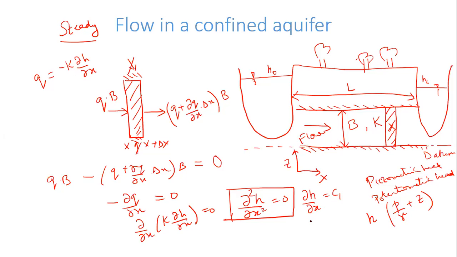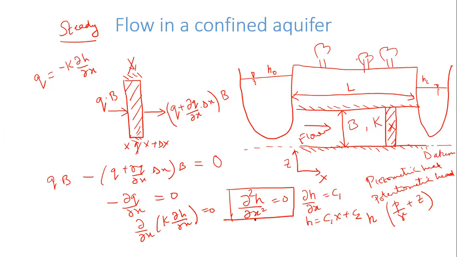You integrate it again, you'll get H equal to C1x plus C2. Can we solve for C1 and C2? Yes, sir. How do we solve for it? We apply the boundary conditions. We know the value of H at x equal to 0 and at x equal to L. You have two unknowns, two equations, solve for it.